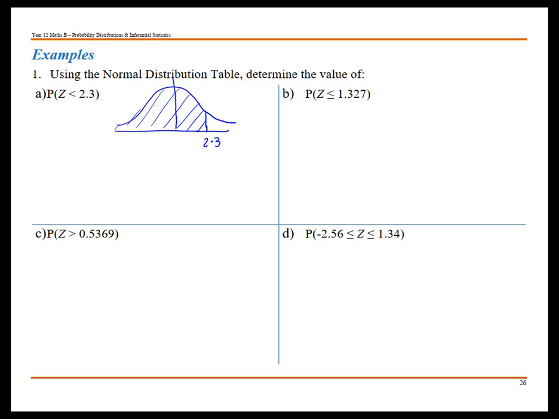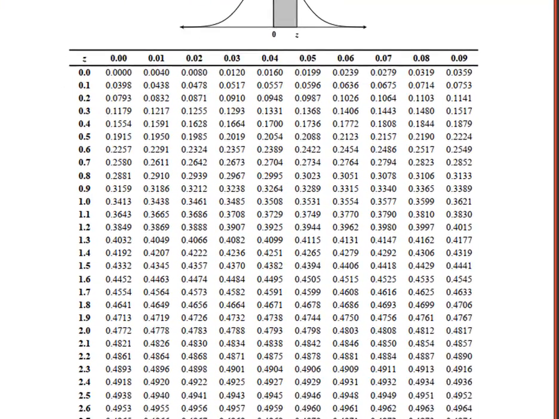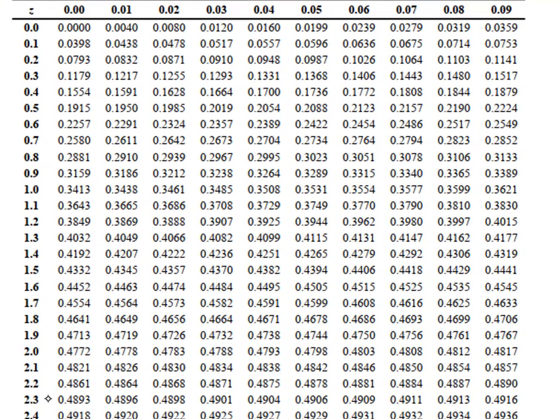Okay? Now our normal distribution table will give us the value from here to here. So if we look up 2.3 on our normal distribution table, 2.3 is here.